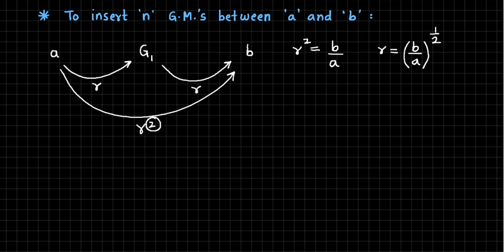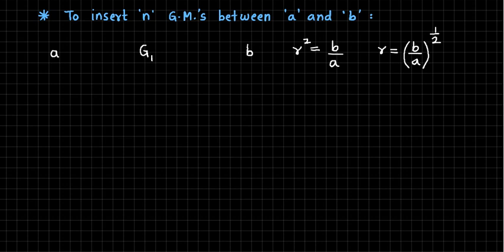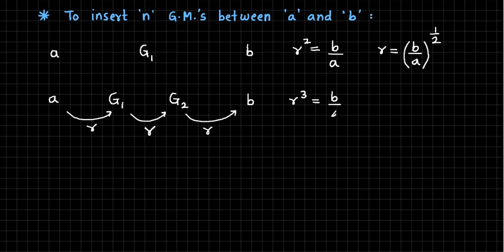Alright, now let us see what we get whenever we have to insert two geometric means between the given numbers a, b, which are g1 and g2. So here you see you have r in three parts, that is r appears 3 times, and it is not difficult to see that r cube will be equal to b upon a.